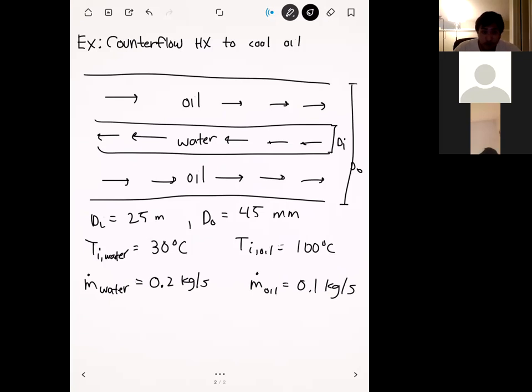Let's see. And then the last thing we know is that we want to design this heat exchanger such that the outlet temperature of the oil is 60 degrees C. And basically the last variable that hasn't been given yet is the length of the heat exchanger.